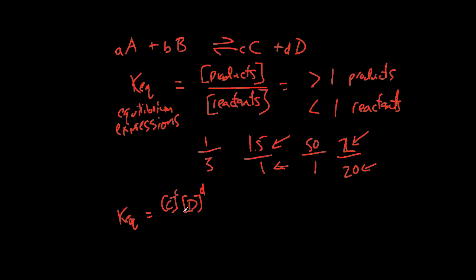So concentration of C to the power of little c, concentration of D to the power of little d, over the concentration of reactants, A times B, and I'm going to have to raise them to the power of the coefficients, and that's how you get the equilibrium expression.